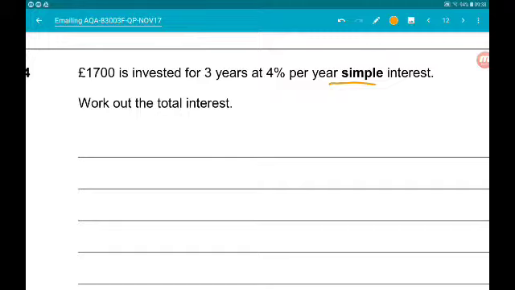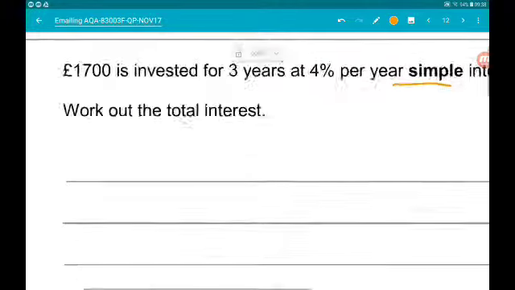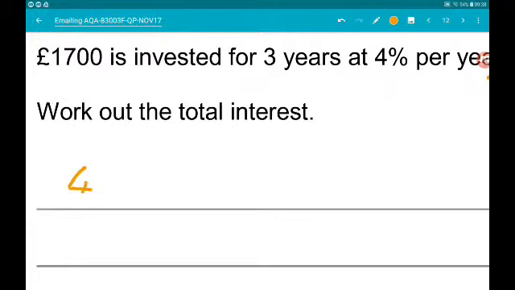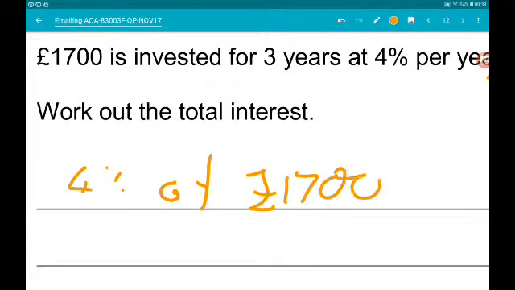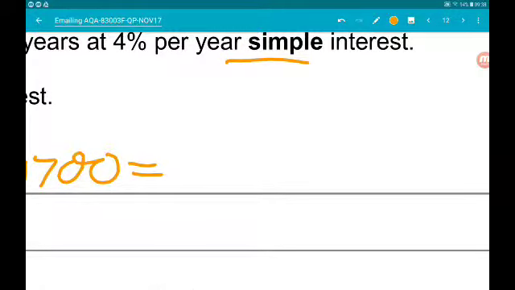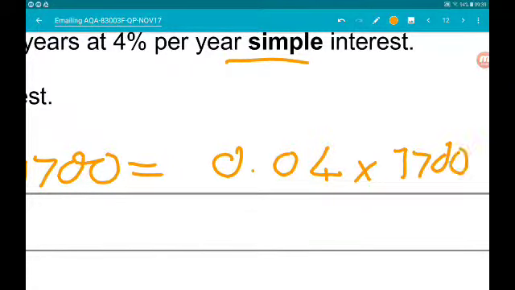So we get paid 4% of £1,700 every year. So, 4% of 1,700. Now on your calculator, we can either do 0.04 times 1,700, or there is a percentage button which lives on the left bracket.